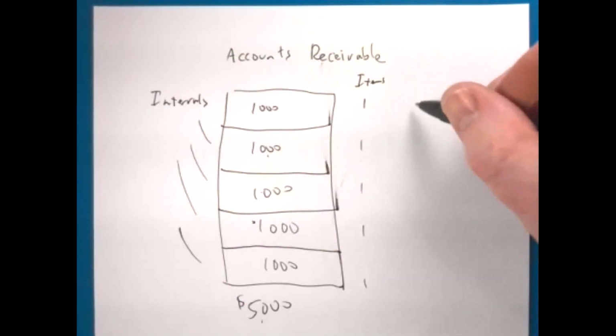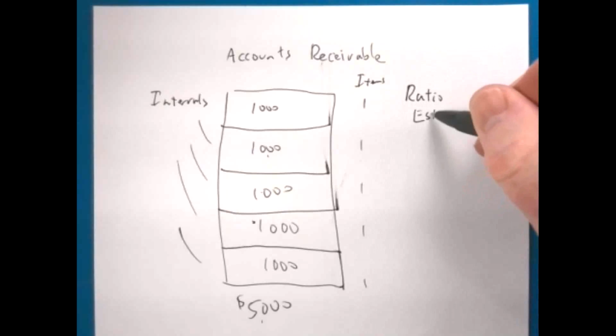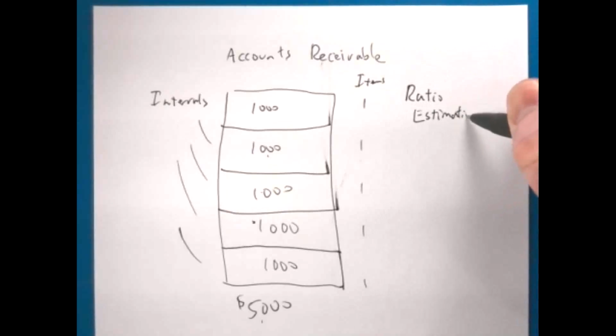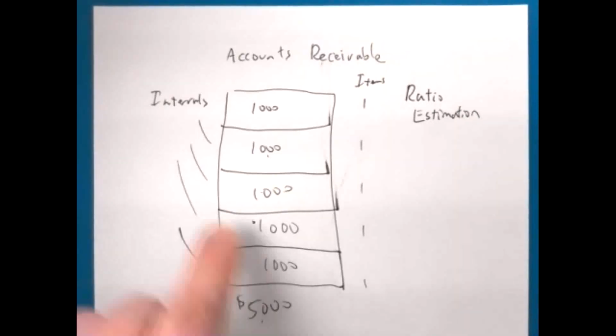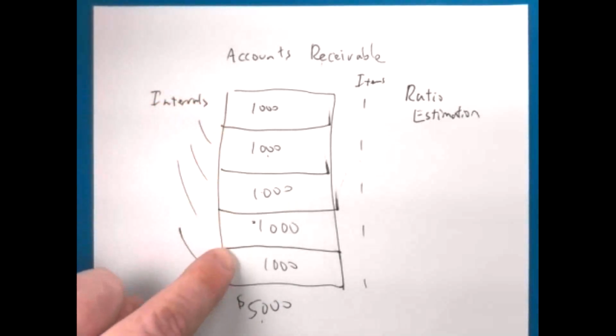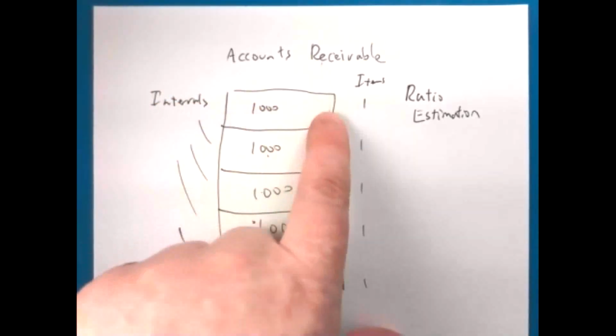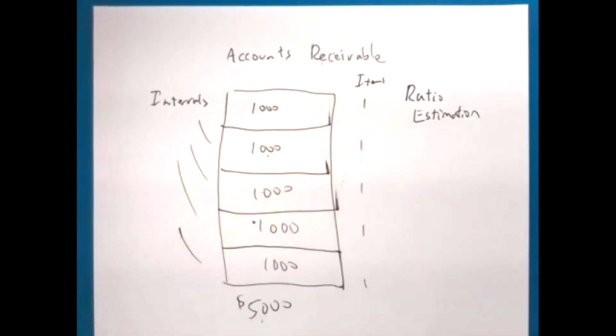And it's basically a ratio estimation for each of these intervals. So you're going to take one interval, pick one item and say, okay, this one item represents the entire interval.